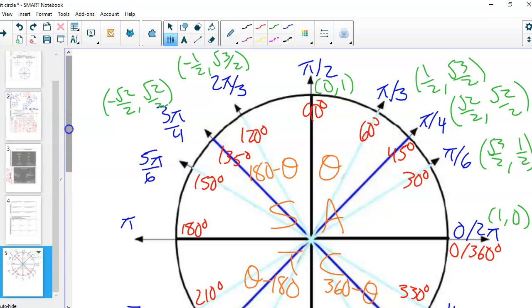And then 180 minus 150 is 30, so if I'm looking at 30, cosine is going to be negative again. This is negative 1, 0.